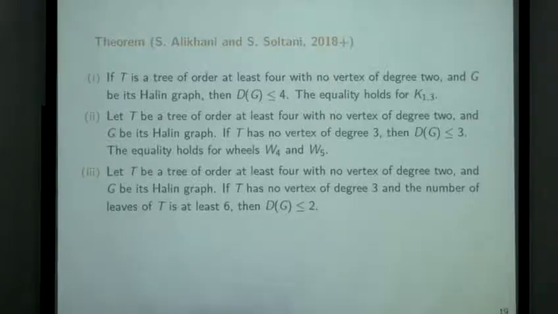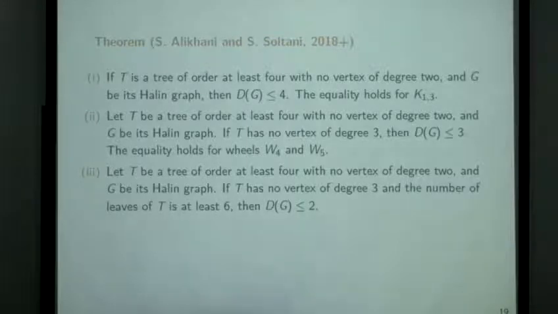Okay, and we can improve this upper bound with this extra condition that you see here. If T has no vertex of degree 3, then we can improve this upper bound to 3.